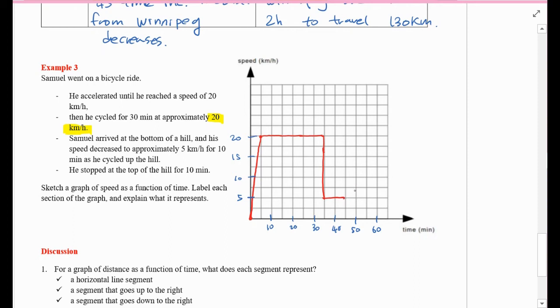Once he reached the top, he stopped. His speed becomes 0 and rest for 10 minutes. Okay? So here, this is the first, second, third, fourth situation. So this is the first segment, second segment, 3 here, and 4 here.